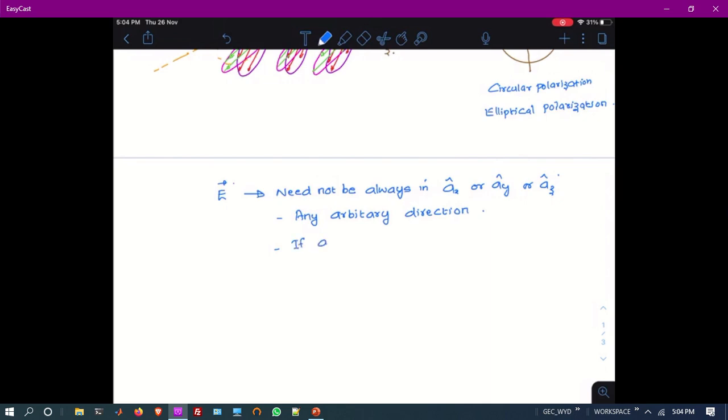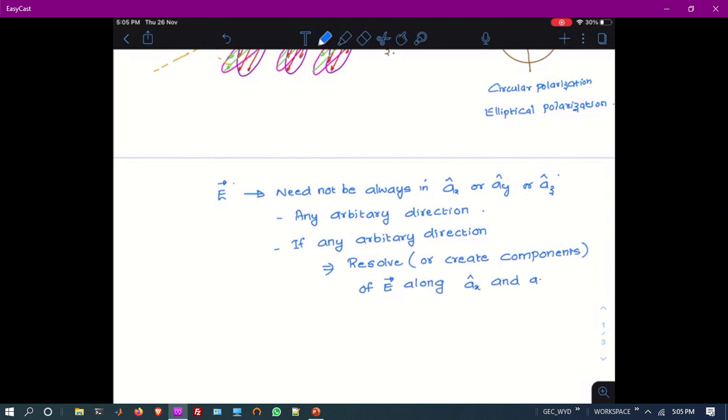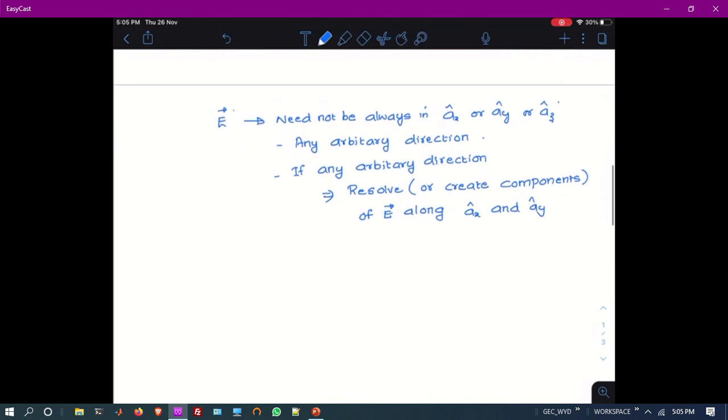So if it is in any arbitrary direction, it implies you can resolve or create components of the electric field along x and along y. So what do I mean by that? This you might have studied already in your lower classes.